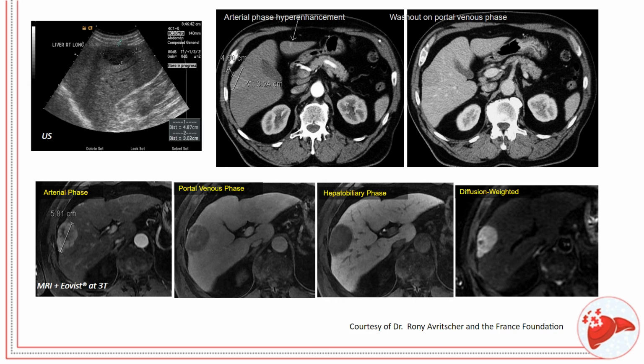We know that the liver has a unique double blood supply system. It has both the hepatic artery and the portal-venous systems.